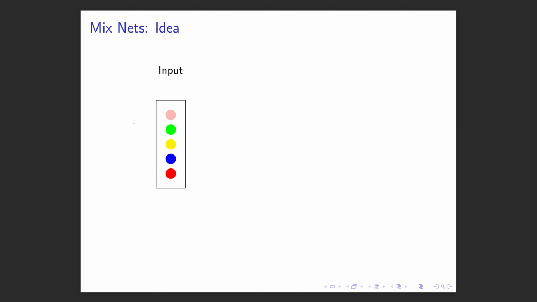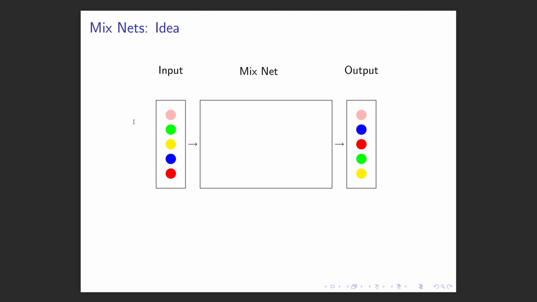Okay, so let's see how this works. Let's take the basic idea of a mixnet. We have some input, we put it into our mixnet, and we're expecting it to come out in some permuted order. So the inputs are ciphertexts, the outputs are plaintexts, but we expect them to be decrypted and permuted. Inside the mixnet, there are a number of mix servers who are each mixing the ballots.